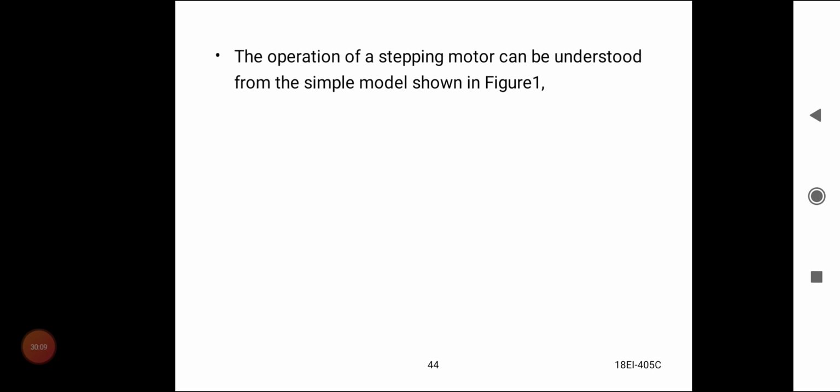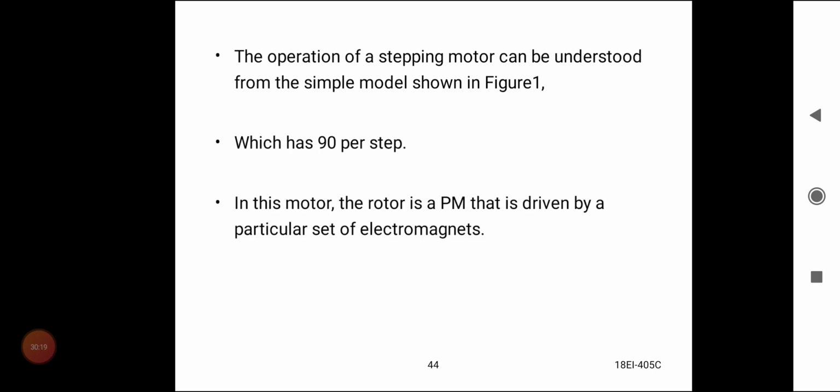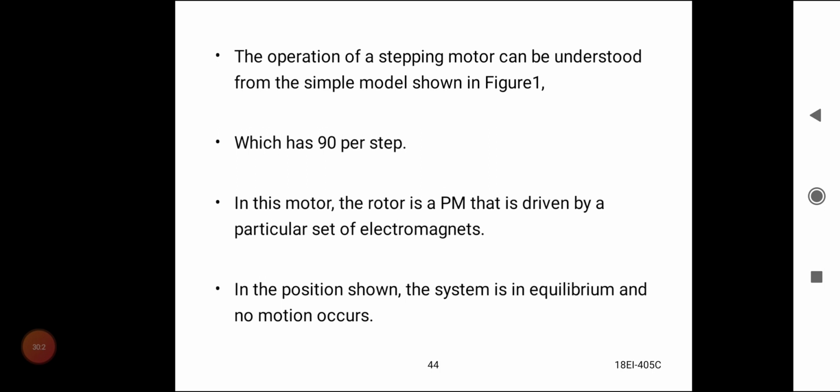The operation of the stepper motor can be understood from the simple model shown in the figure, which has a 90-degree step. In this motor, the rotor is a permanent magnet that is driven by a particular set of electromagnets. In the position shown, the system is in equilibrium and no motion occurs.